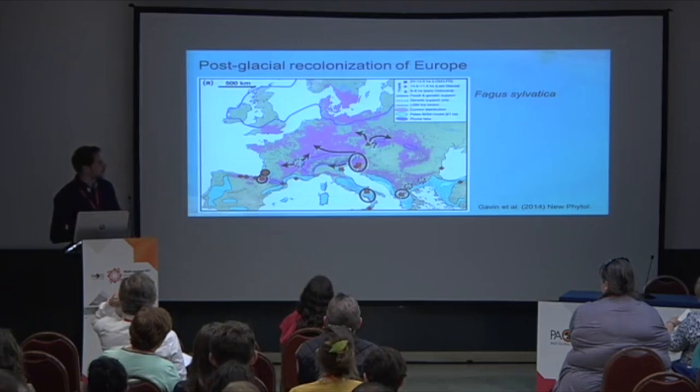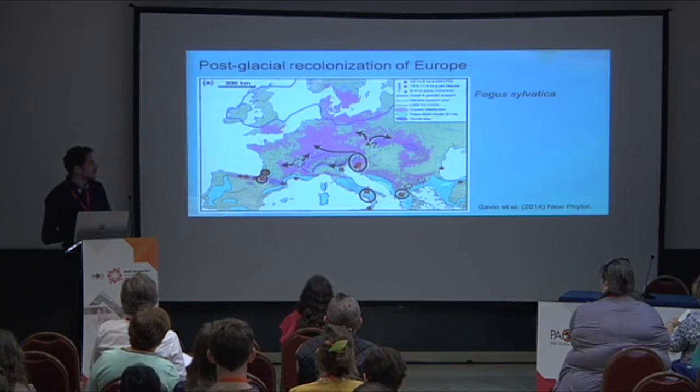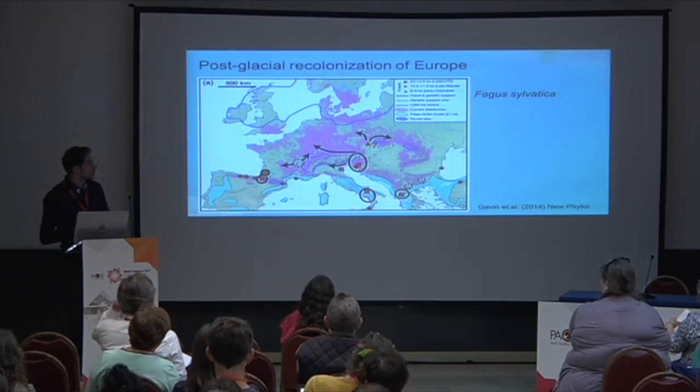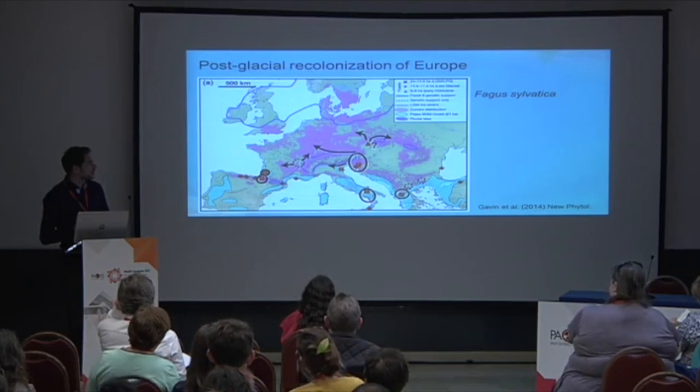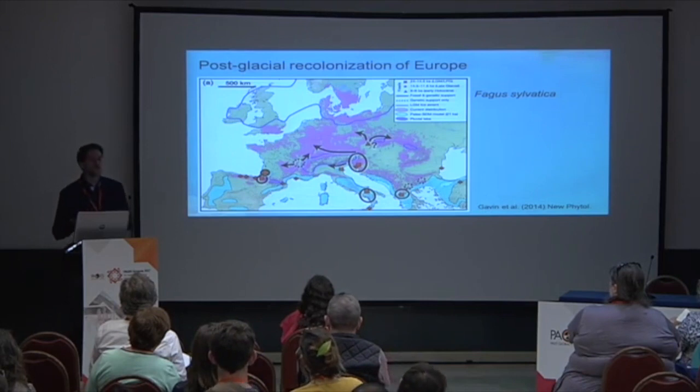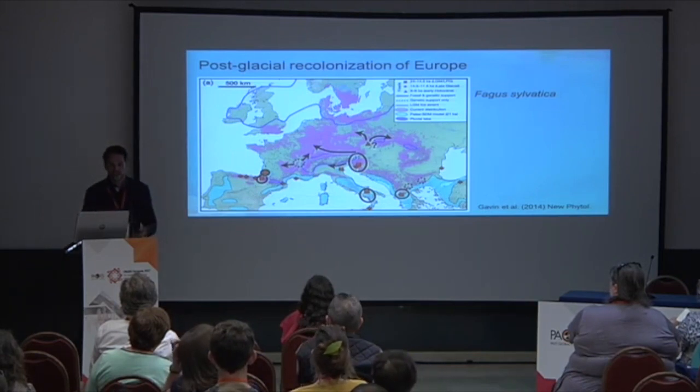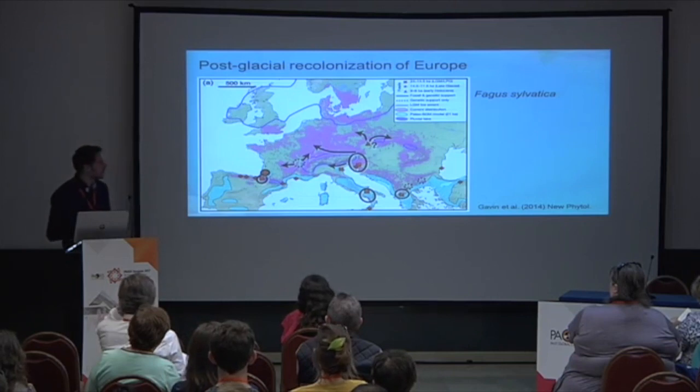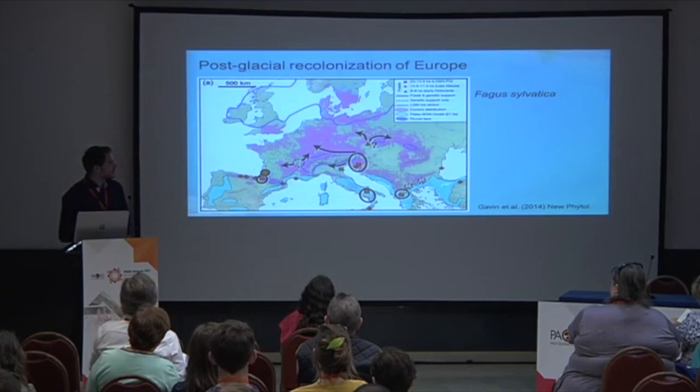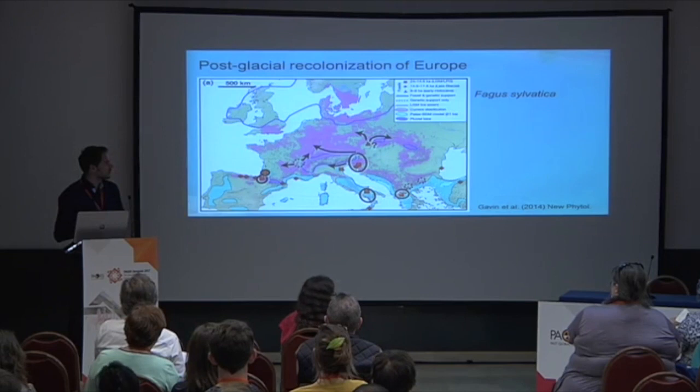Beech survived the last glacial maximum in refugial populations in the southern peninsulas, so in the Balkans, in the Italian peninsula, and also in the Iberian Peninsula here. And then with warmer temperatures, it could again expand into more northern latitudes. Evidence comes from a variety of different sources, so from fossils, for example, here, those are the rectangles, and also from genetic information.